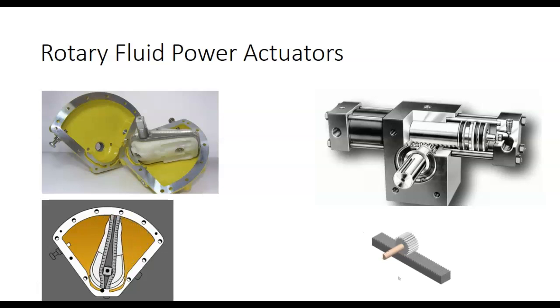It's got what we call a rack and pinion. This is called a pinion gear. This is called a rack. With these you take a rotary motion and convert it to linear motion, or vice versa.